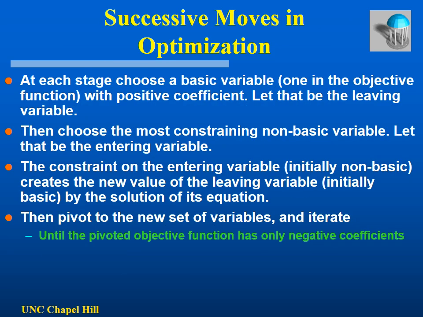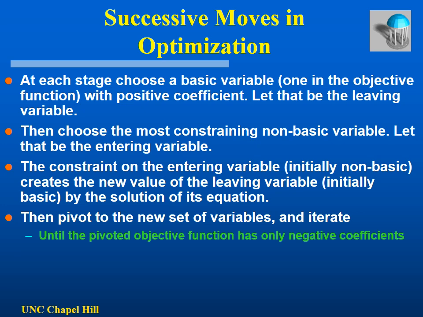So let us recap how the optimization works. It consists of successive moves. In each move, we're choosing an edge by choosing a basic variable, one of the variables in the objective function, that has a positive coefficient in the objective function. That will be the leaving variable.